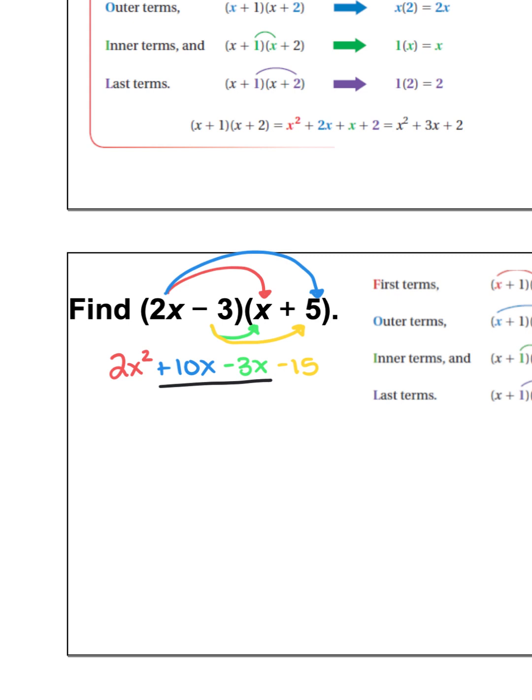It so happens that they're right here in the middle together. 10x minus 3x is a positive 7x. Since it's positive, I have a plus sign in front of it. 2x squared was out front. Minus 15 goes last. And so our final answer here is 2x squared plus 7x minus 15.